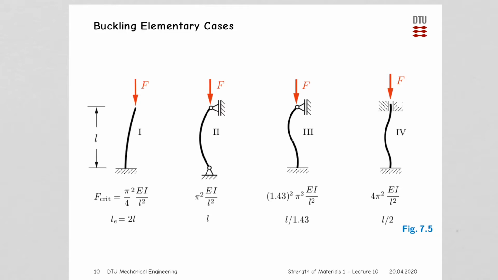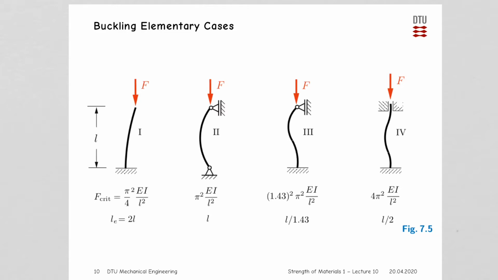So this is more or less what we will get to find out during this lecture. These are the basic formulas. I'm just giving a teaser here of what we will actually find during the lecture: these are the critical loads for different boundary conditions of beams. So this is actually the answer to many of the questions that we will pose in this lecture.